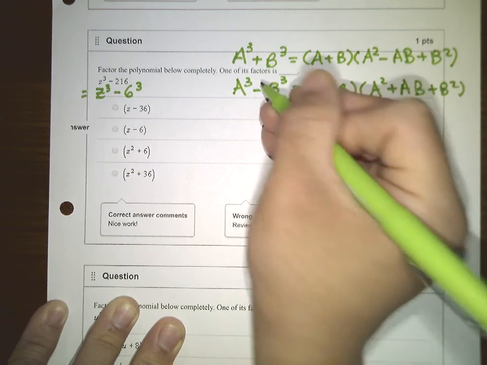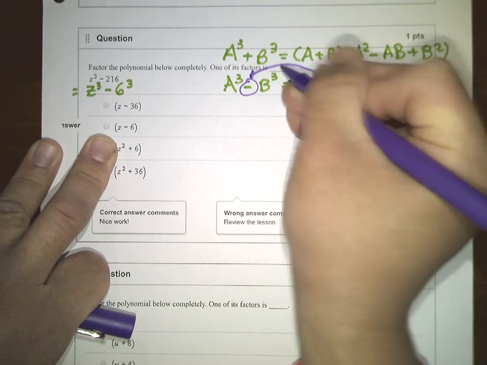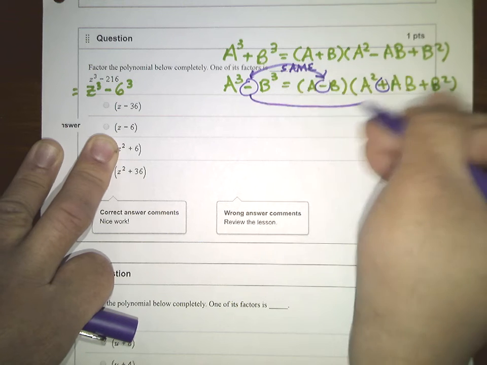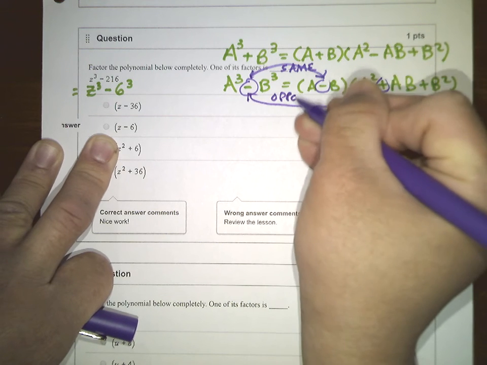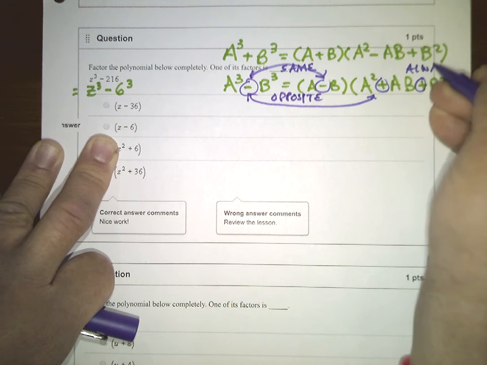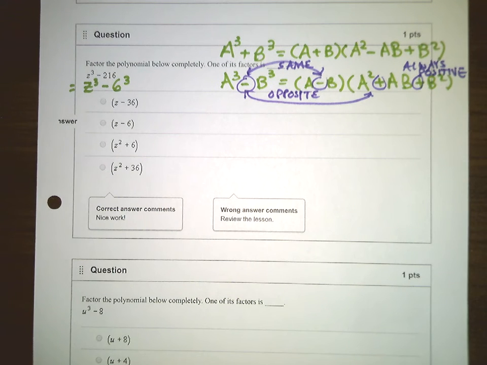So remember the same pattern as before: same signs, and then opposite signs, and then this one is always positive. Always positive. All right. These really, in a way, are the same exact formula, but if you just pay attention to the signs, you'll get it right every time anyway. All right. So now let's go ahead and factor this.